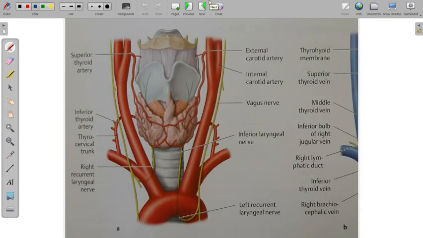Okay, so here's the arch. And we have 3 branches. 1, 2, and 3. So just to start out, these are going to the arms. These aren't labeled in this figure, and this is going off to the head.